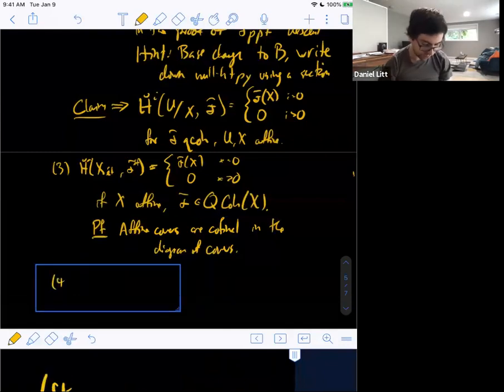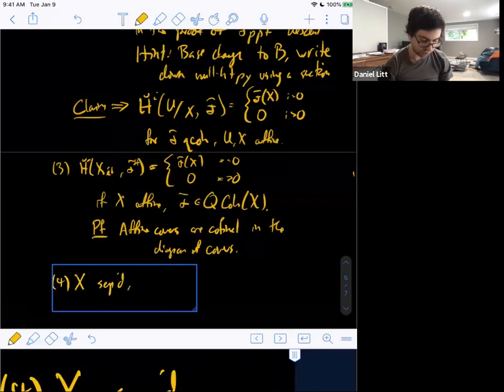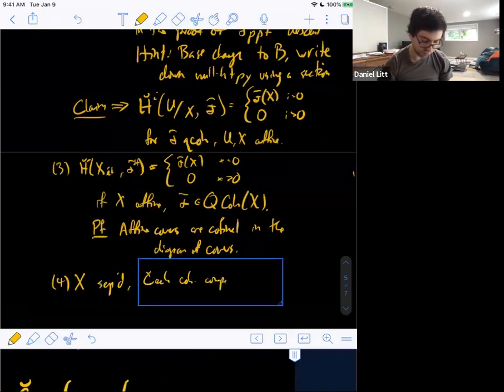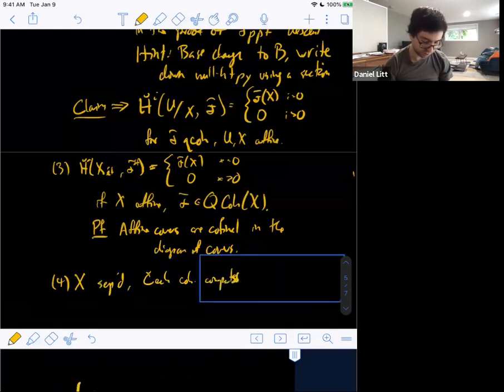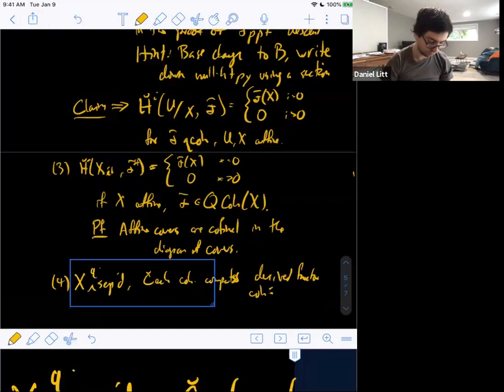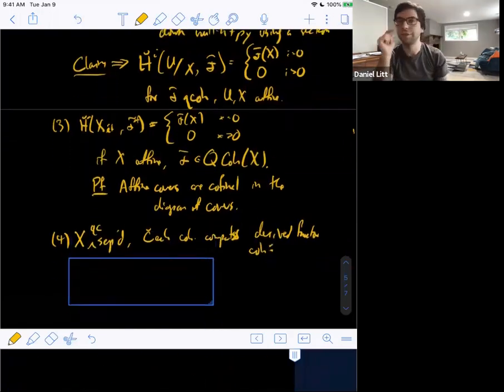Okay. So now let's prove it for X. I guess let's suppose it's separated, and suppose Čech cohomology computes derived functor cohomology, and X is quasi-compact. So this is where I'll stop the proof.